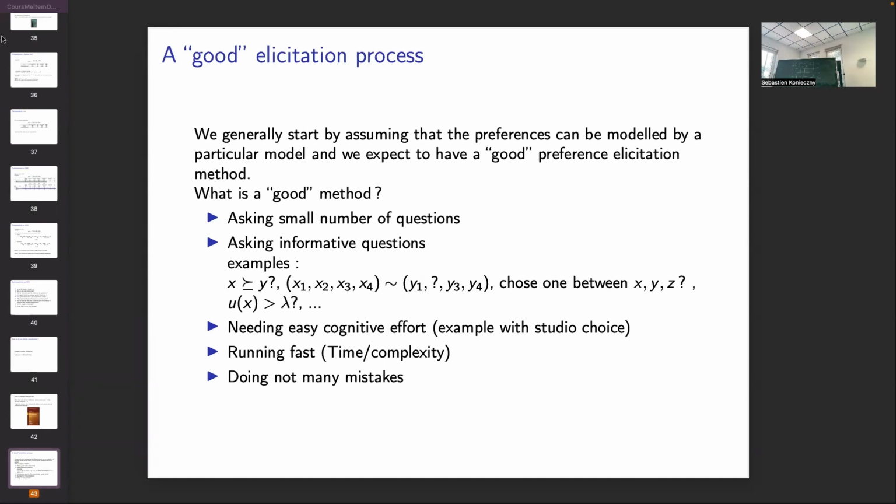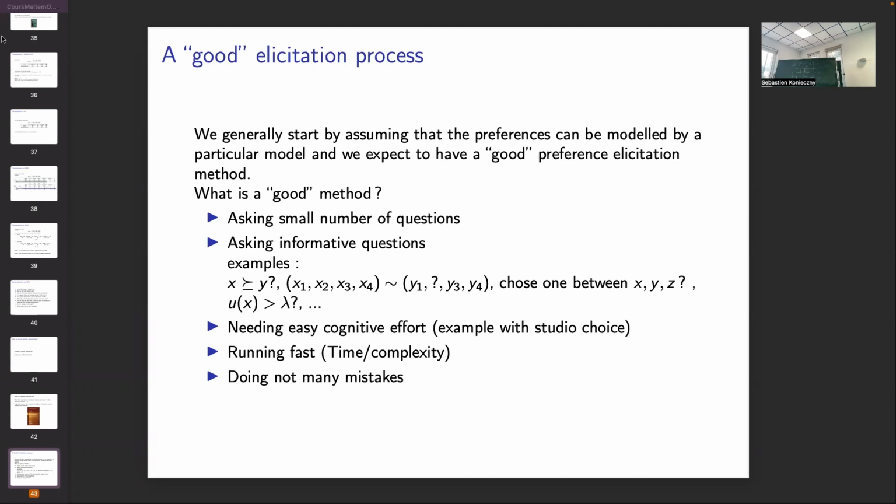So what is a good elicitation process? A good elicitation process is a process which asks a small number of questions, of course. And how can you ask a small number of questions? You can do it by asking informative questions. So for instance, you can ask if X is better than Y, or you can do the matching.